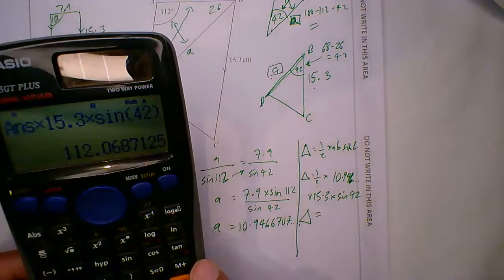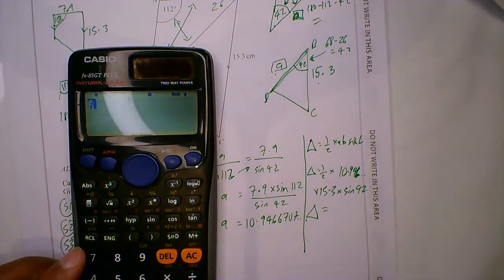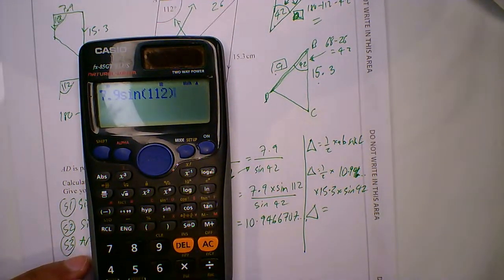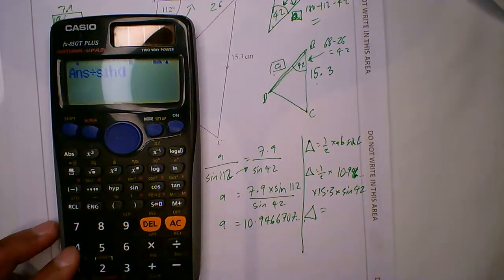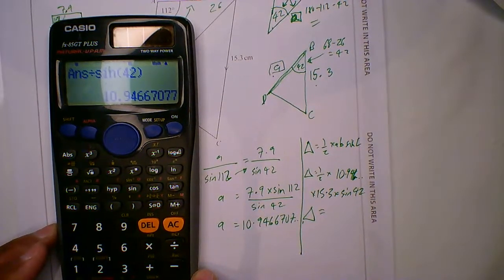Let me do this again. So 7.9 sine 112, close brackets, divided by sine 42, close bracket, 10.9466, which is fine.